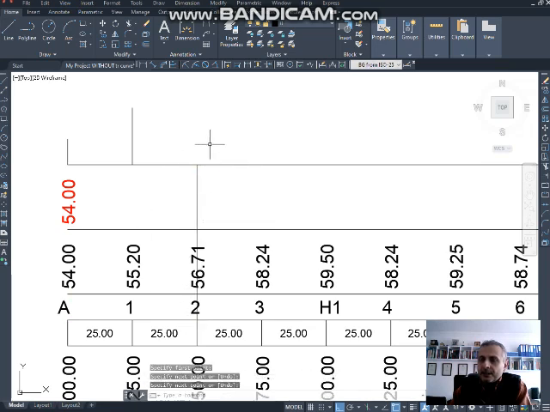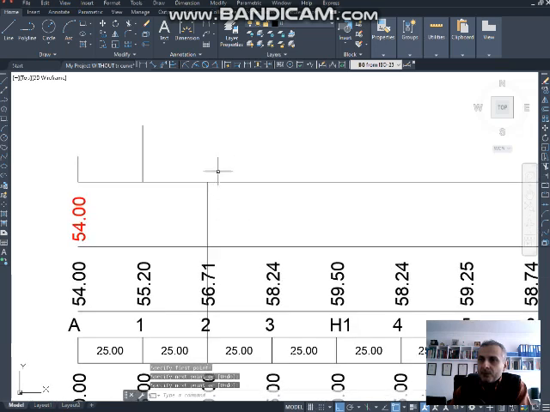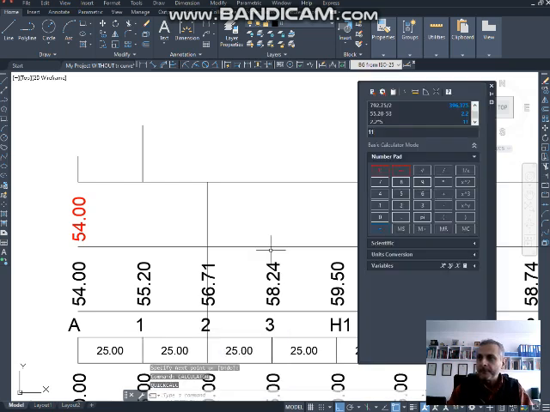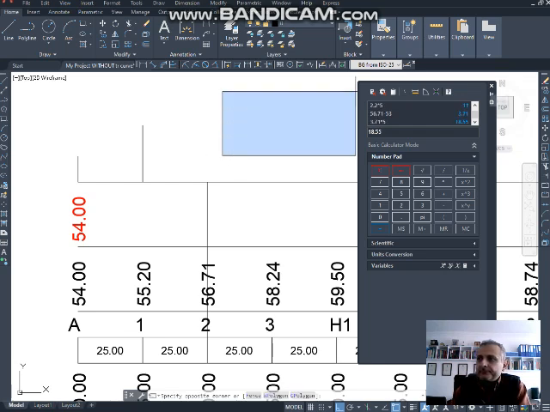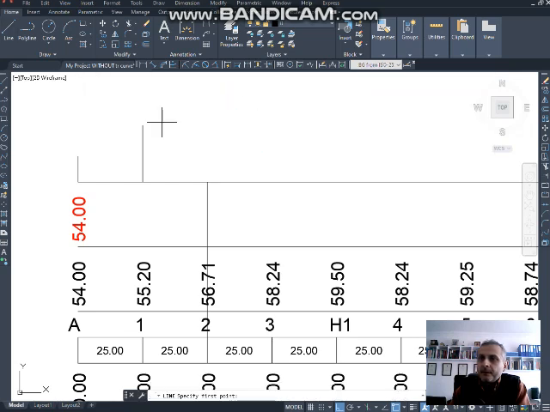First of all, let's indicate the point where we should start the line. 56.71 minus 53, always times 5, is 18.55.